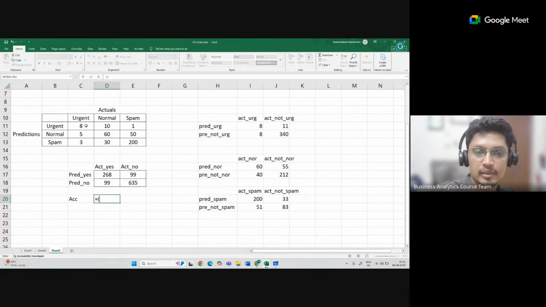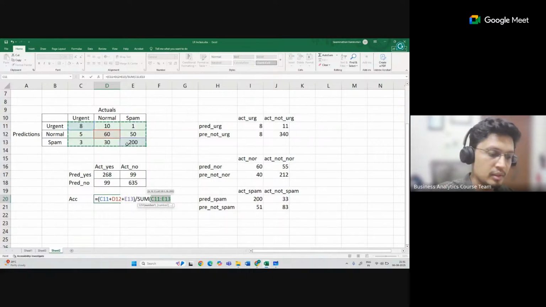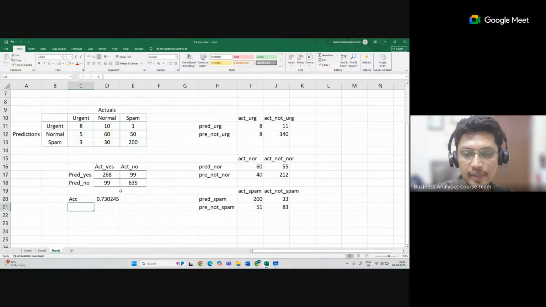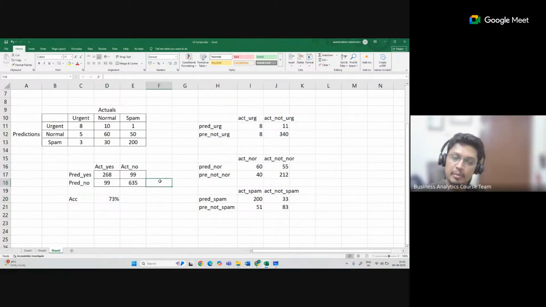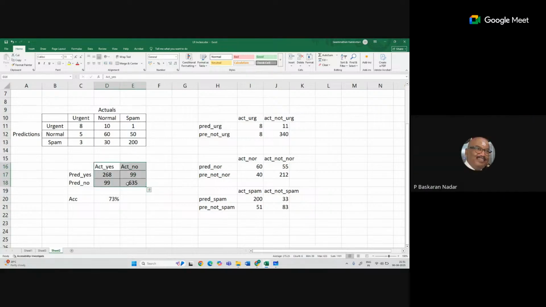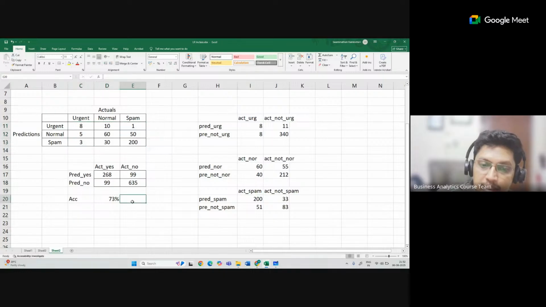The sum of the diagonals divided by the sum of all these entries. So 73% is your accuracy. Can that come from the final table also? It can, but the numbers will be very different. But 268 will be the same, at least for the accuracy part. That cannot be different. Let's check it.